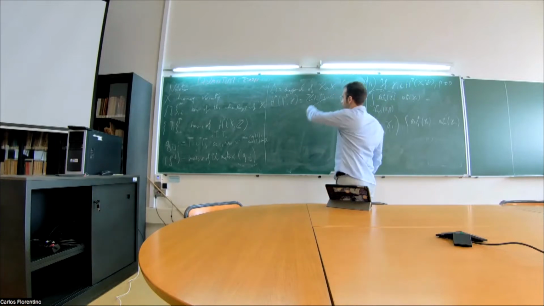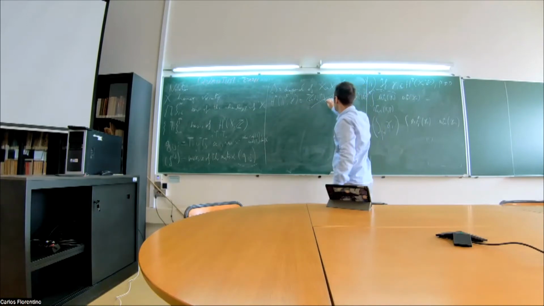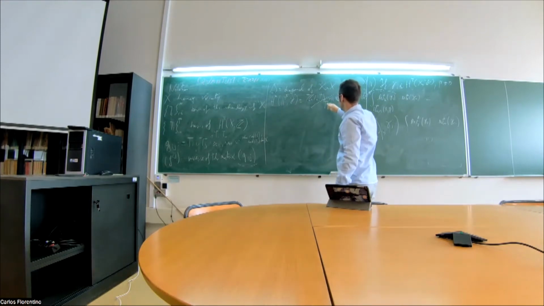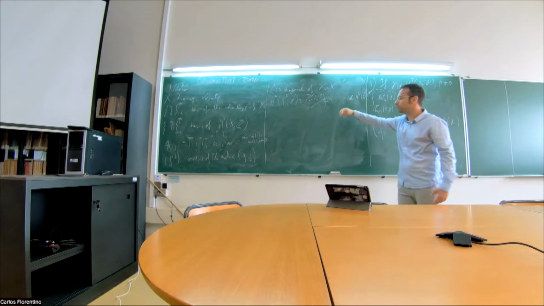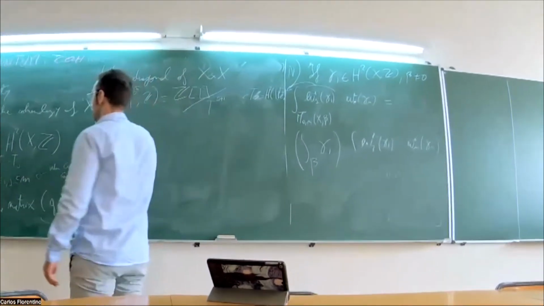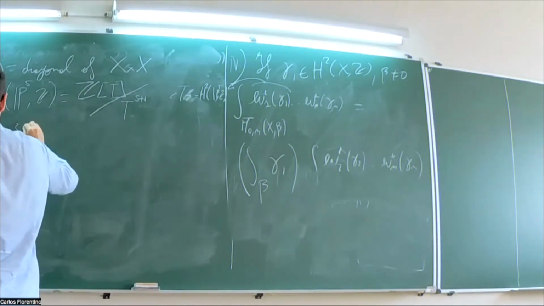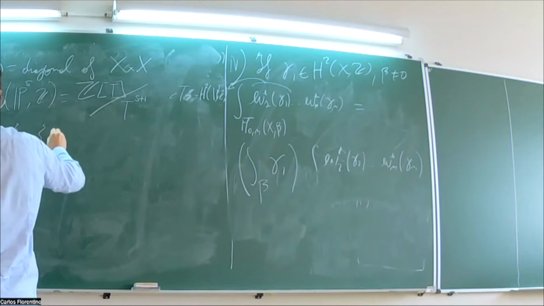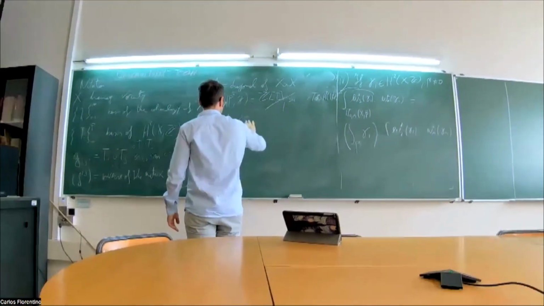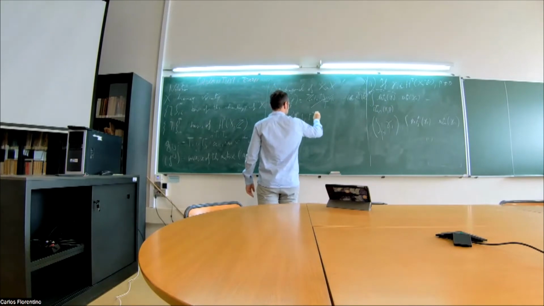All other classes are just powers of T up to s, because T to the power s plus 1 is 0. So in this case, the basis is 1, T, T square, and so on.